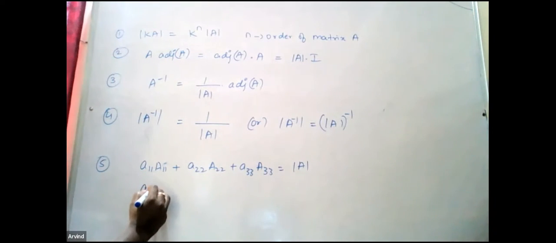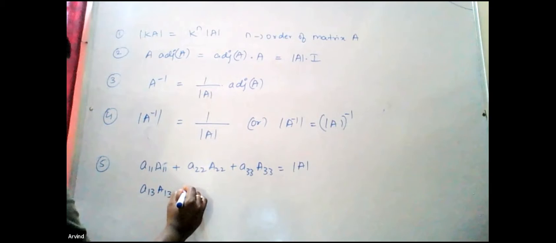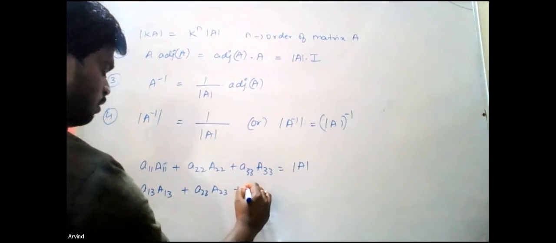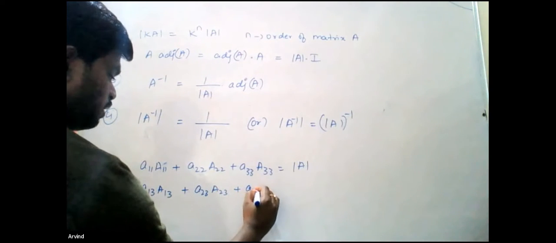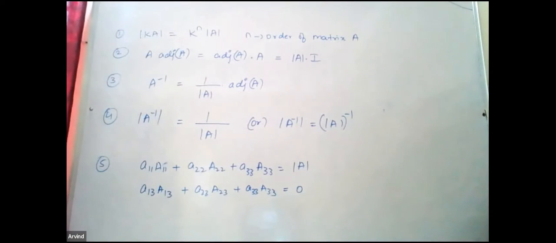I'll give you another example. a13 capital A13 plus a23 capital A23 plus a33 capital A33. Okay, if it is like this, then what will be the value of it? 0. Opposite, right? 0. So if the same things are there, it will be determinant. If it is different, it will be 0.